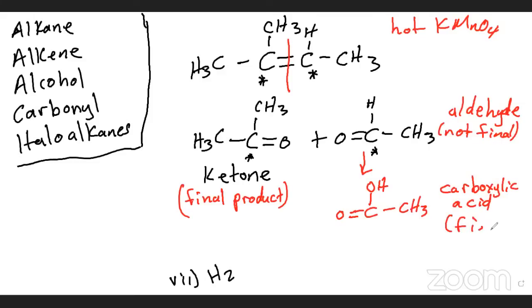And that is final. So for the oxidation of alkene with hot potassium permanganate, if you get a ketone, that's the final product. If you get an aldehyde, it will be oxidized to a carboxylic acid. That is your final product.